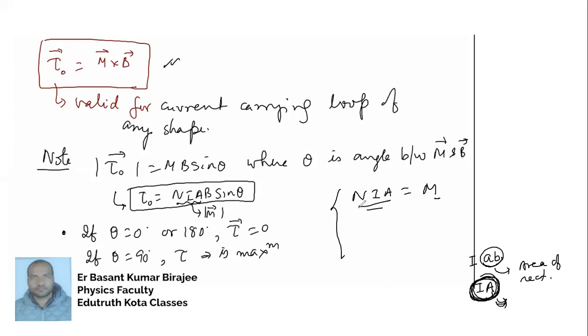If you have only one turn, then you have current times area. This is how we calculate torque due to any current carrying loop in a uniform magnetic field.